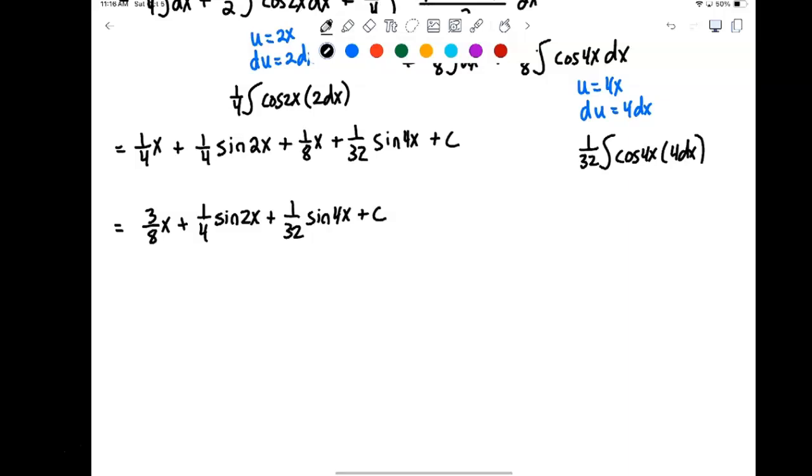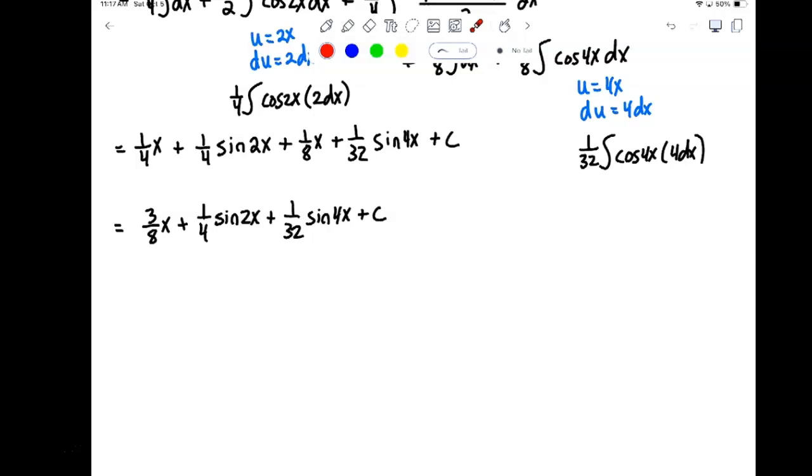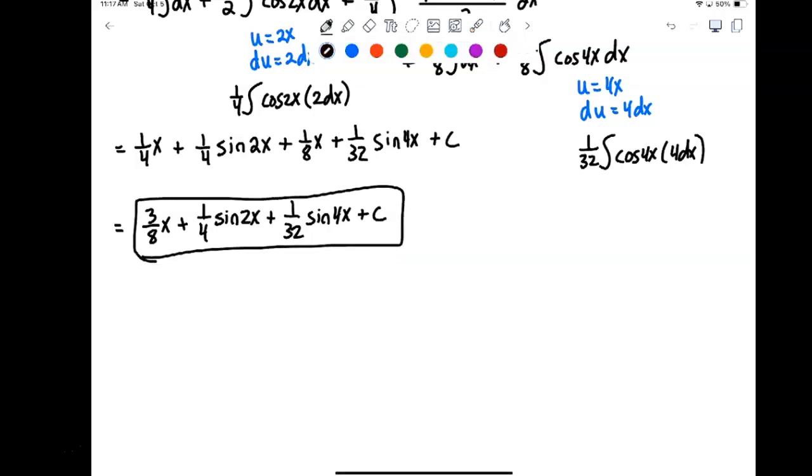And so now we finally have our integral worked out: 3/8 x plus 1/4 sine of 2x plus 1/32 sine of 4x plus C. So that is our integral of cosine to the 4th.